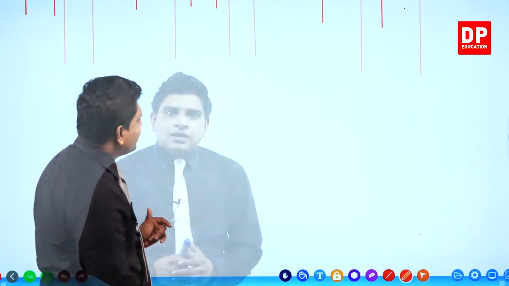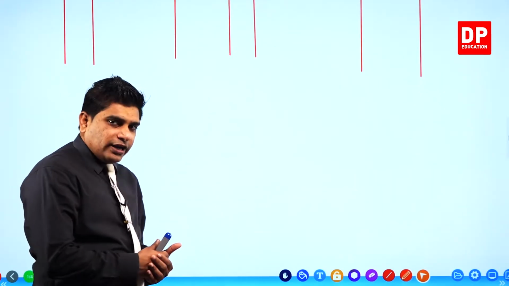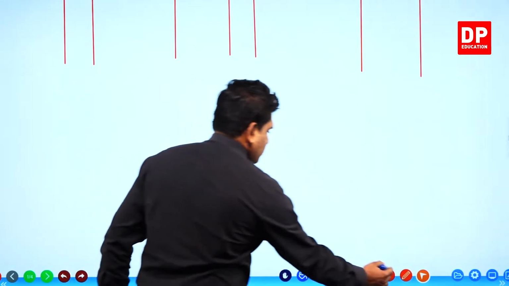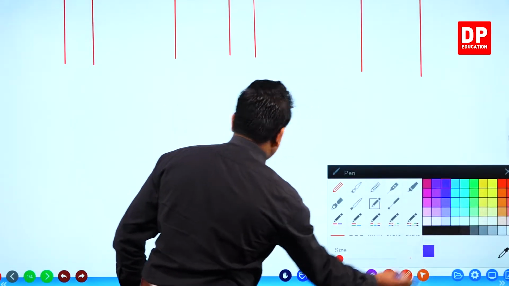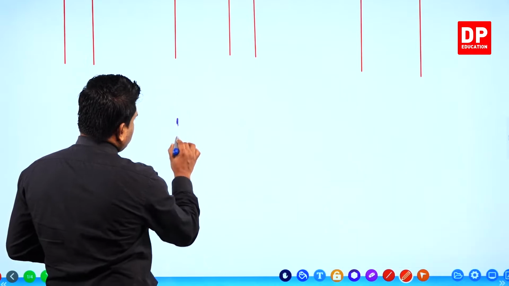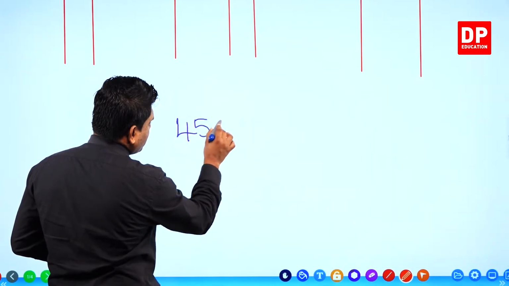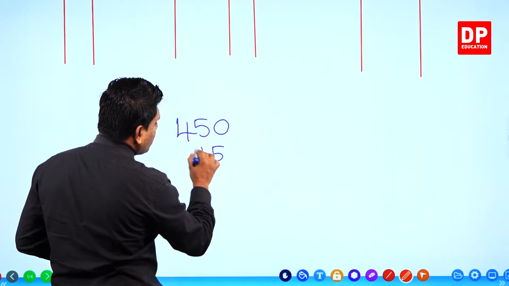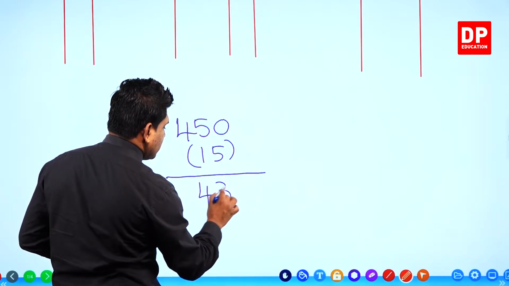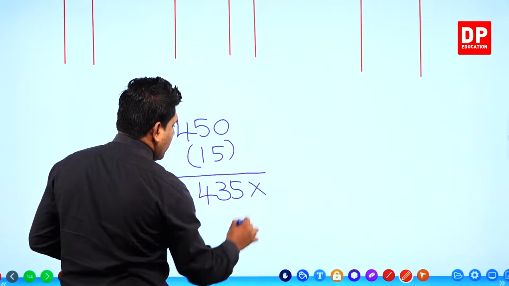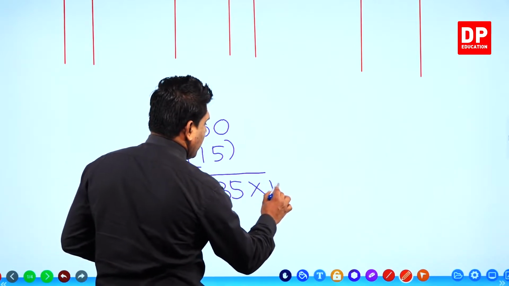Now you know there are 450 members. But the problem is, out of these 450 members, 15 members didn't make their payments, then the remaining members are 435. Monthly fee is 100.